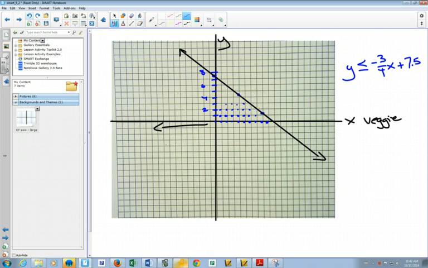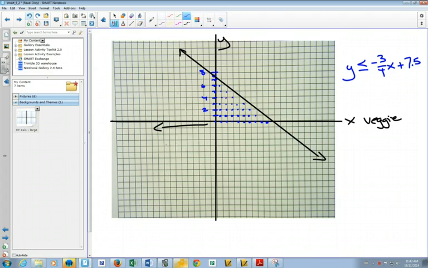Dot, dot, dot, dot, dot. You get the idea. These ones that are on the line, that one can't be a dot either, can it? Because that's in between. So I'm going to erase that dot and erase this dot.